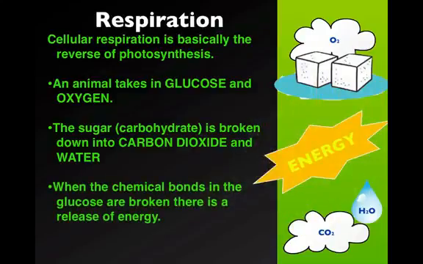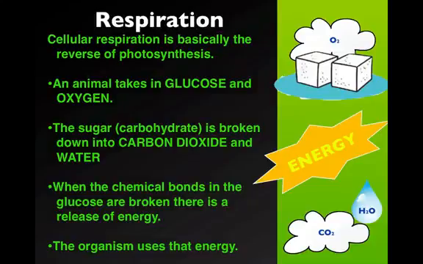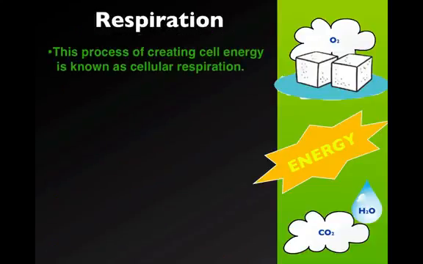So that's where we get our energy from. So this process of a cell creating its own energy is known as cellular respiration. And I guess you really can't say it creates its own energy. It just breaks down the compounds, the sugar compound, by using oxygen and forms energy and carbon dioxide and water.